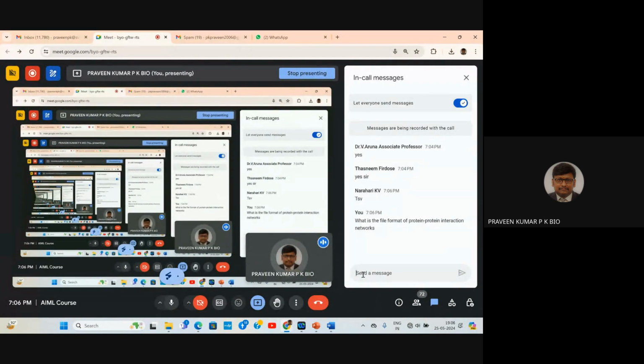Okay, so this you have to download, and if you want to edit something, you can edit through Excel, and if you want to change the display of the interactions, you can go for the Cytoscape network visualizer. Okay, so this is how we have seen, and we have also seen a few plugins. There are plenty of plugins.